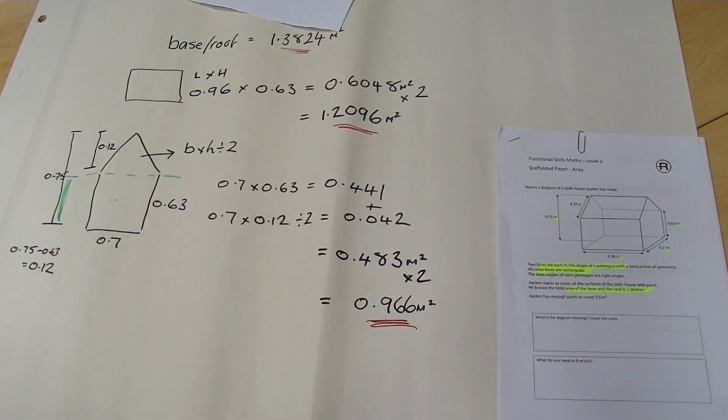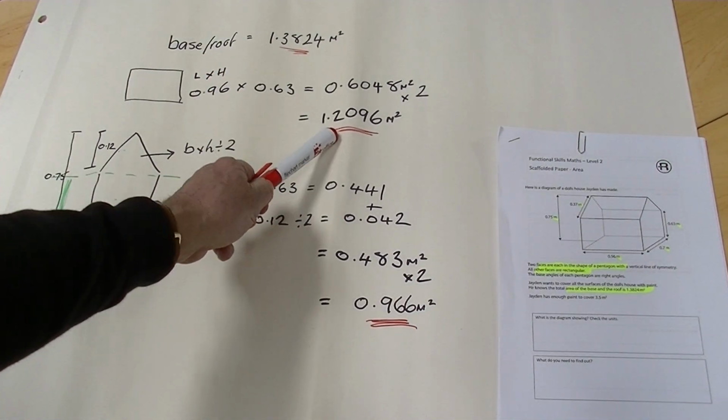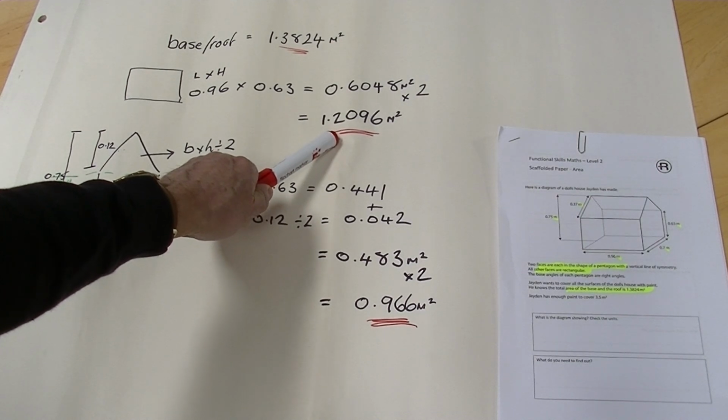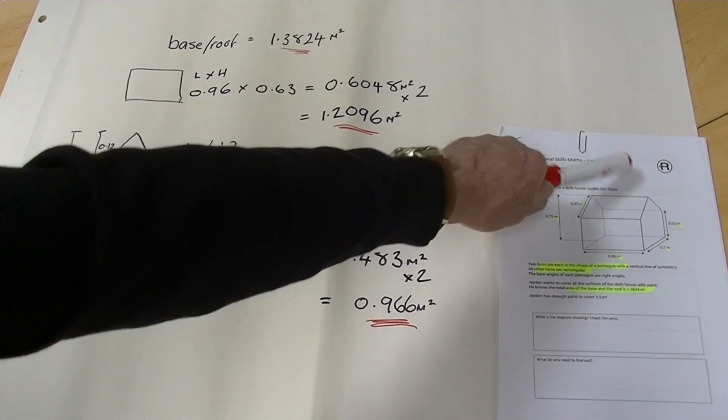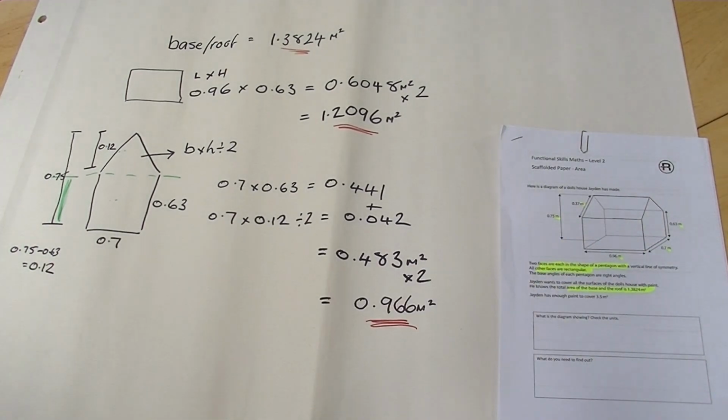So now we've got the base and the roof, which were worked out for us. We've got the front and the back of the house. We've got the left hand side and the right hand side. So we've got all the measurements we need.